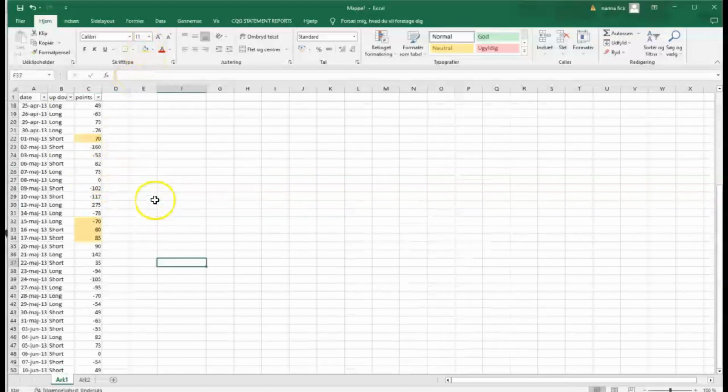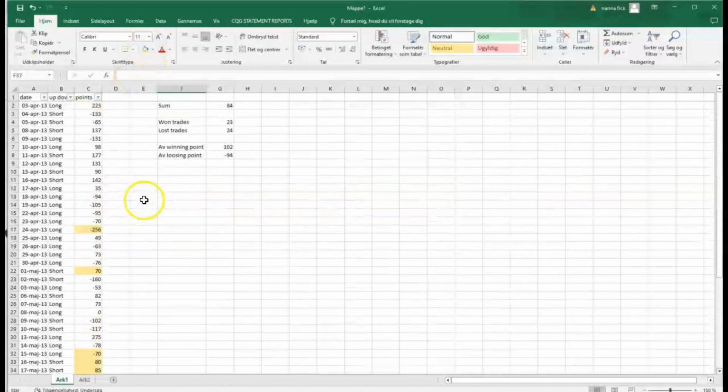This is 1, 2, 3, 4, 5 mistakes. Now you are almost in zero. So instead of being profitable, you're very close to giving money to the market.